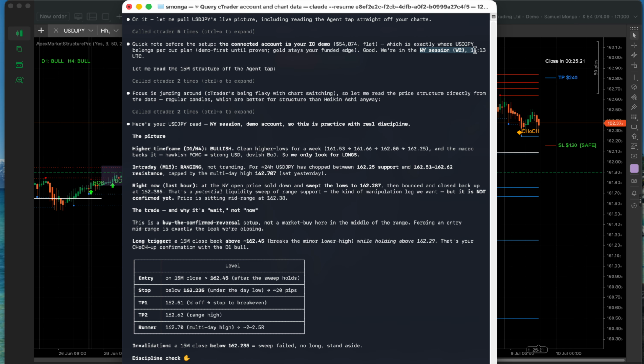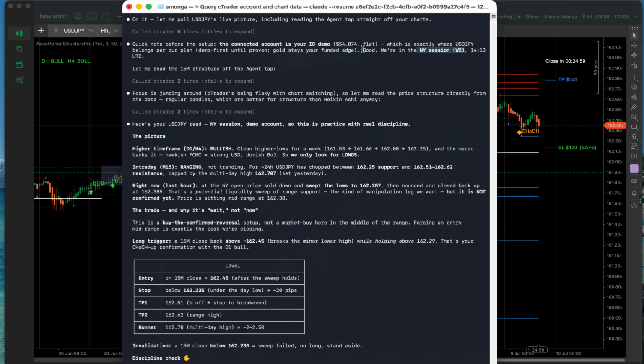According to my playbook, I have already communicated to the agent that I have 3 windows for trading. The first window is the London session, the second is the New York session, and the third window is the Asia session, according to the time selected.